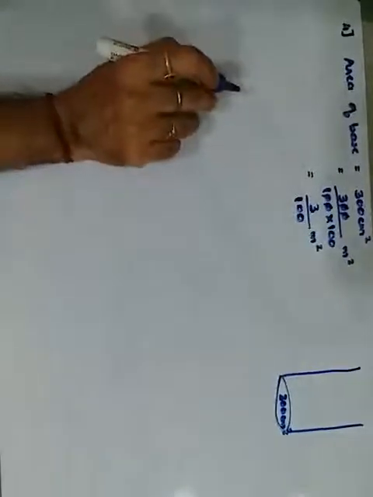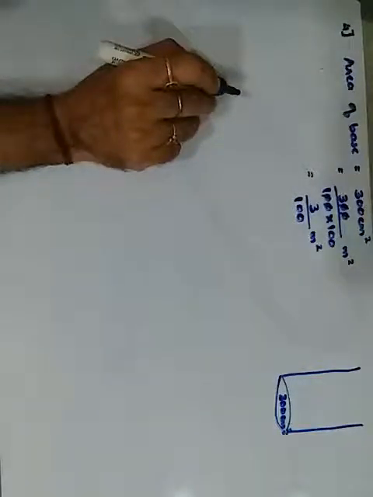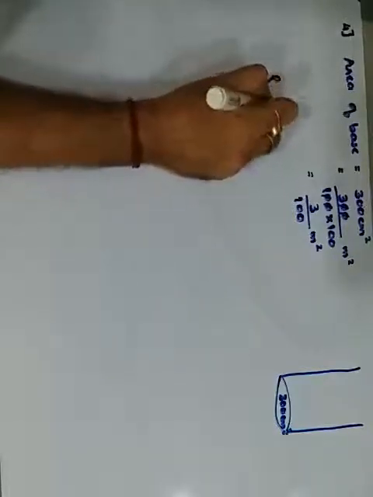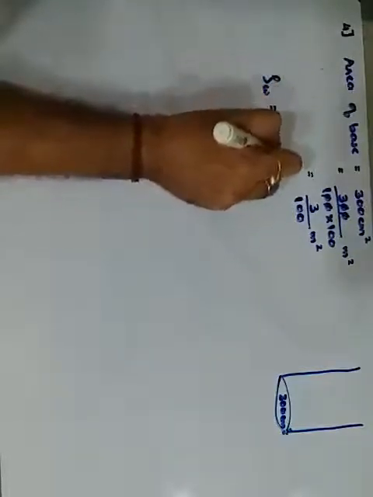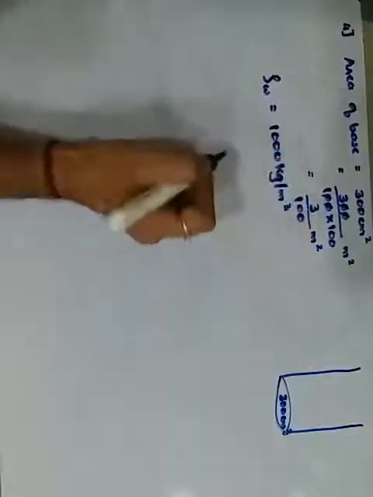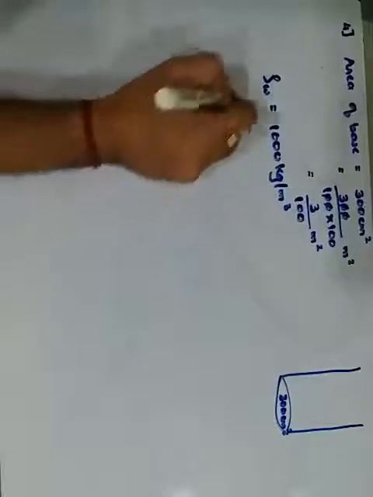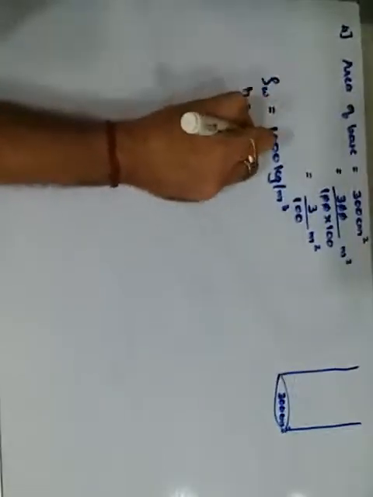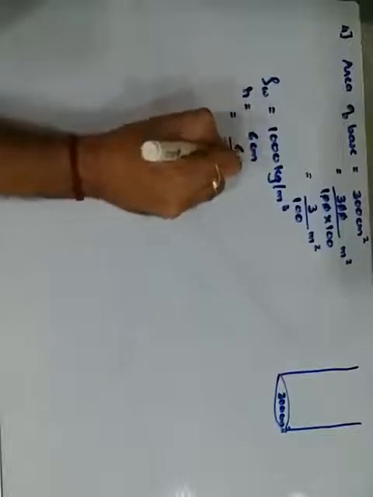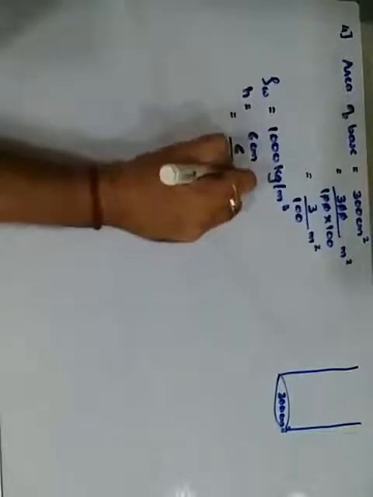Then they have said water is poured into it, the density of water, rho of water, is given to be 1000 kilograms per meter cube, up to a depth, that is the height, of 6 centimeter. Convert this 6 centimeter into meters, so 6 upon 100, so it will become meters.